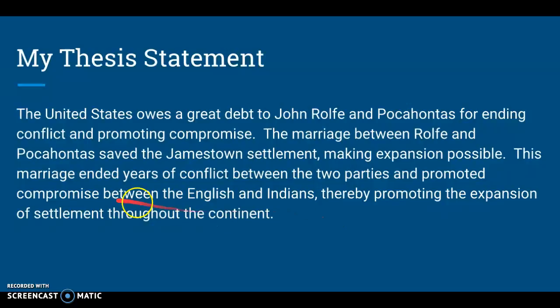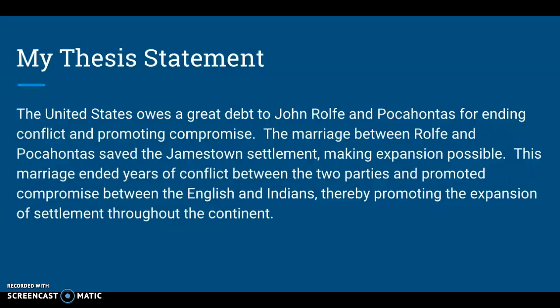So again, I have both the compromise and the conflict in here, and in the rest of my board I'm going to explain what kind of conflict was going on between these two parties, and also the compromise of the marriage and how that changed the two parties.